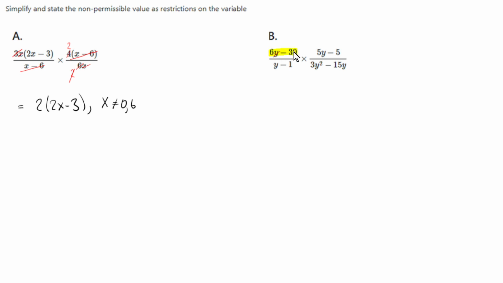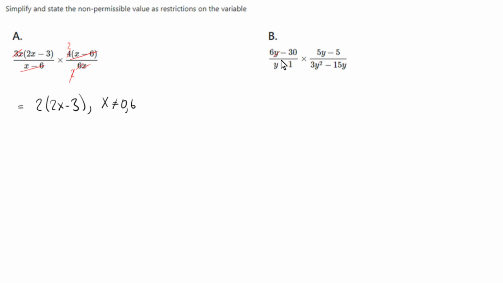This is a binomial. This is a binomial. You cannot cancel individual terms within the binomial. You can only cancel or reduce factors if you're looking at a multiplication, or division.